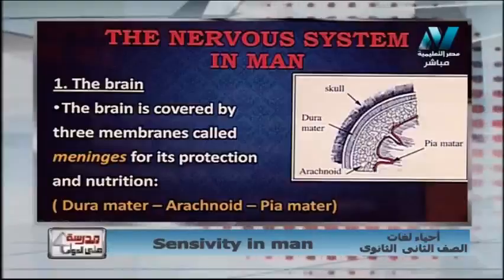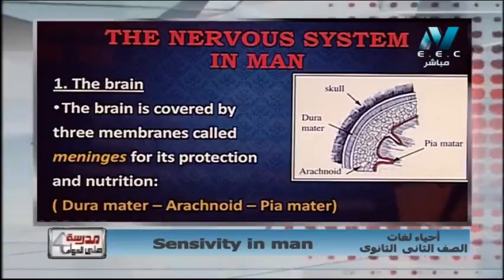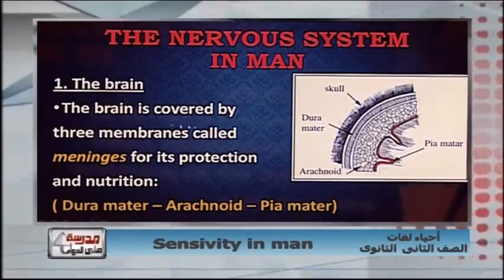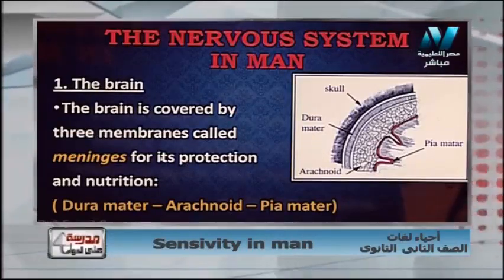And between the brain and the skull, there are 3 membranes called meninges. These meninges, as you see in this picture, from outside to inside, are the dura mater, arachnoid, and pia mater.